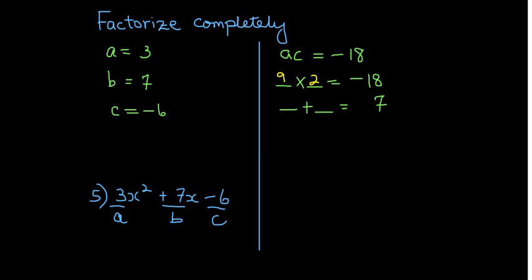But if I want to get a negative 18, then I'm going to have one of my factors as negative. So I'm going to use a negative 2 in this case. The reason for that is that when I add 9 and negative 2, I will get back my positive 7.